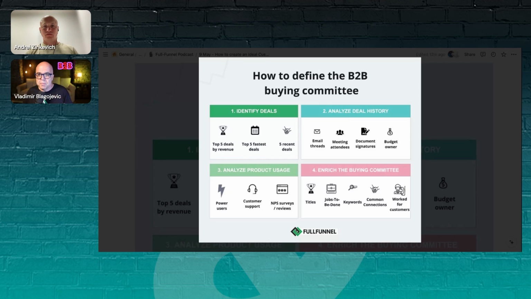So with this process, you should really be able to go beyond very high level job titles, where in a large organization you may end up nowhere or with too many people, so that you can really identify and find the right people that are involved in the purchase of your product.